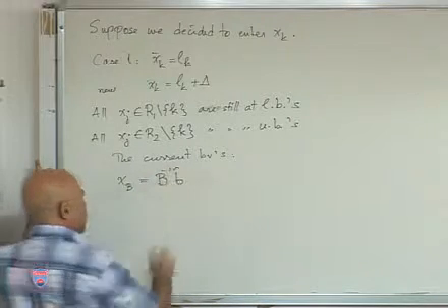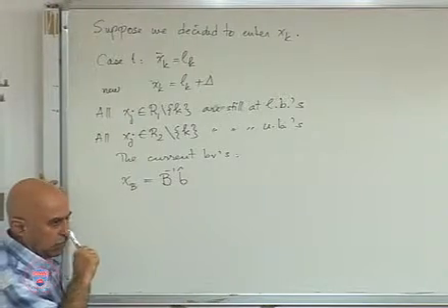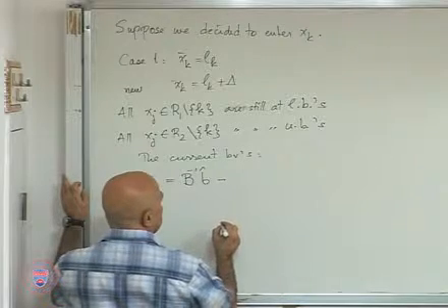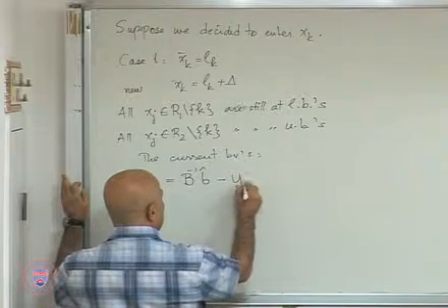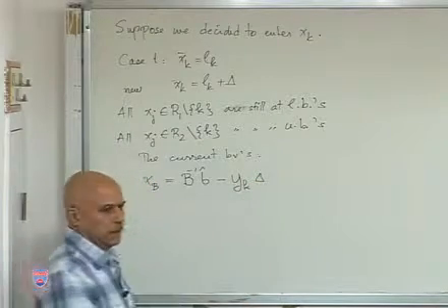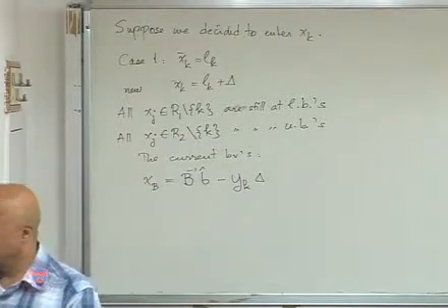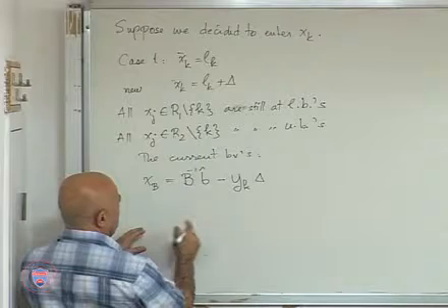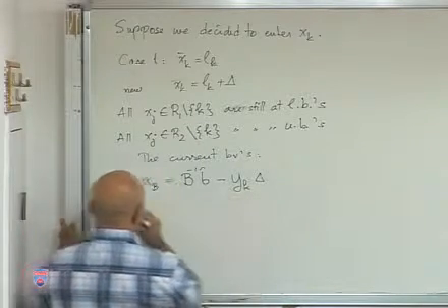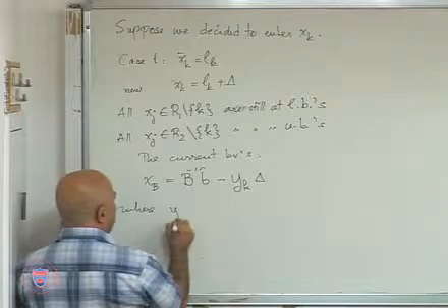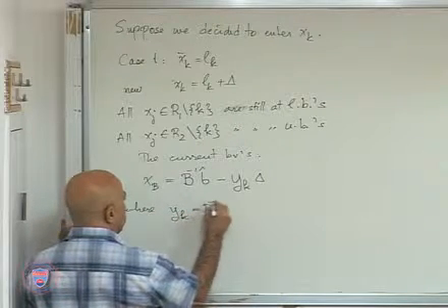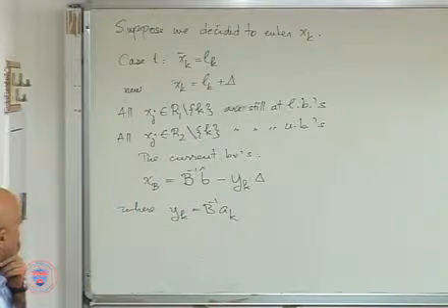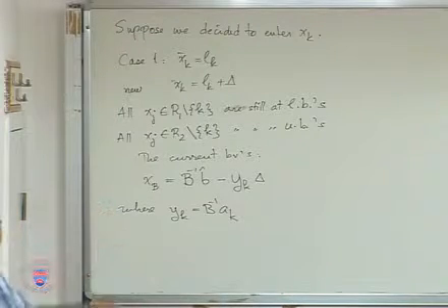B inverse times B cap is the current value, minus yk times delta, the increase upwards from the lower bound, is how it is going to affect your xb, where yk is how much? B inverse times ak, okay? As usual. Do you agree with me?